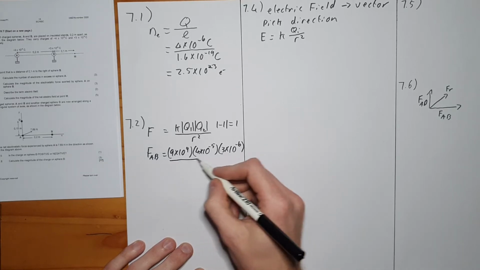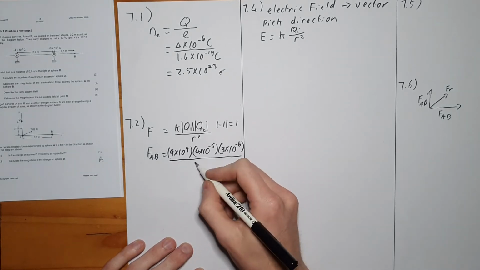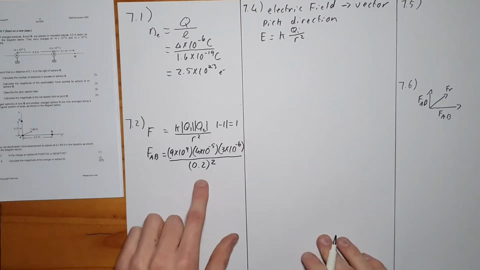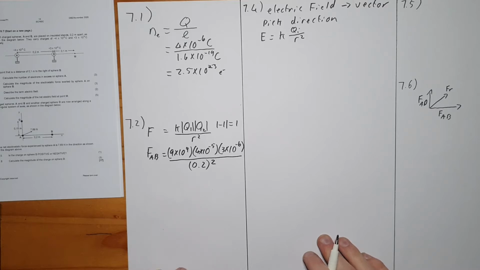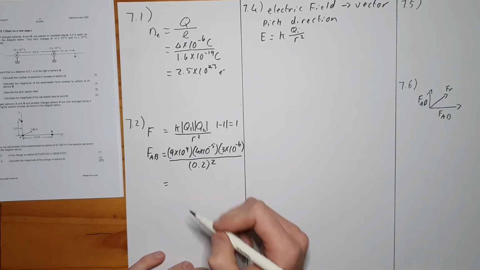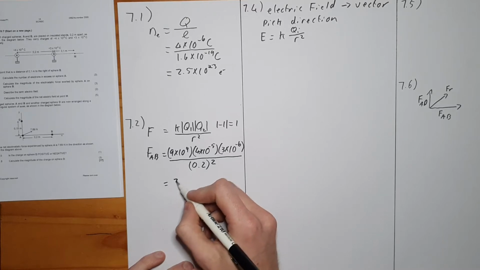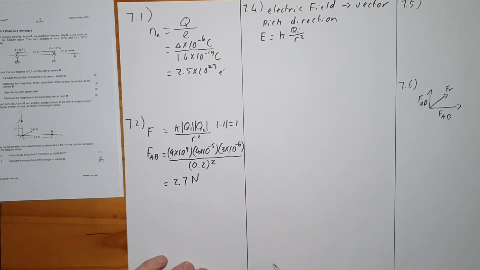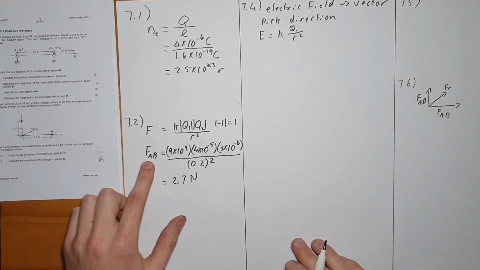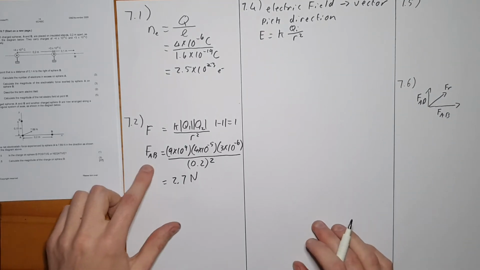The distance between the two of them is 0.2 meters squared. Don't forget to square your distance. If you plug that into your calculator, you should get a value of 2.7 newtons.